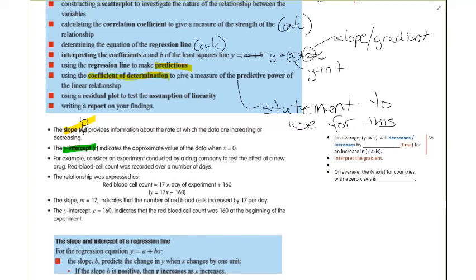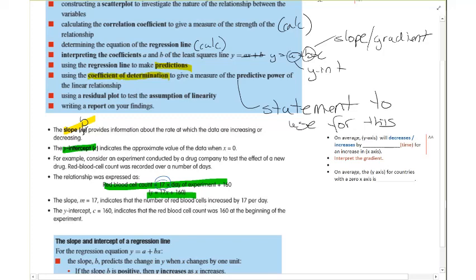Here's an example where they've talked about an experiment conducted by a drug company to test the effect of a new drug. The red blood cell count was recorded over a number of days, and we found this relationship. Remember, this bit here is your slope. It's a positive relationship because there's no negative in front. It indicates that the number of red blood cells increased by 17 per day.